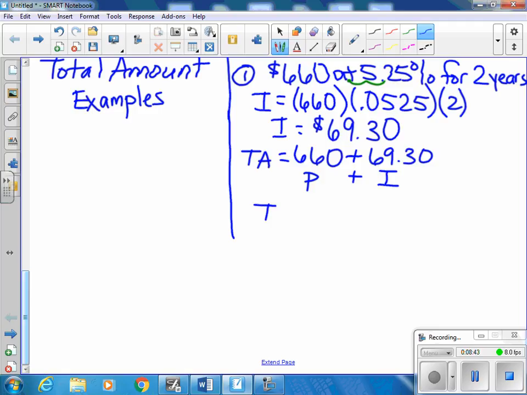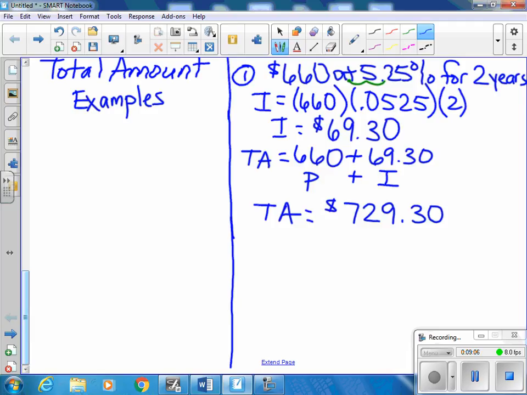When you do add those up, your total amount for this person, okay, is going to be $729.30. So after 2 years of leaving their money in the bank and getting interest off of it, they now have $729.30 when they started with $660. That's the nice part of investing money, is it gains money the longer you leave it in an account.